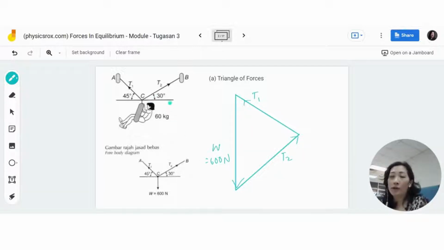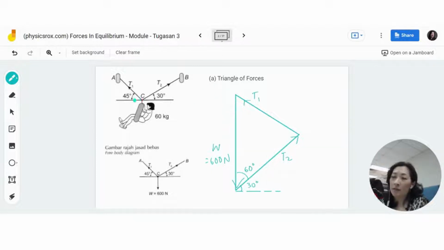Now, remember, we don't have to draw it to scale, but you must have the labels of the forces, which in this case are W, T2, and T1, as well as the angles. So the angle of 30 is between T2 and the horizontal, which I will mark here with a dotted line. This angle is 30 degrees, which means that if you want to label the angle on the inside, it's actually 60.